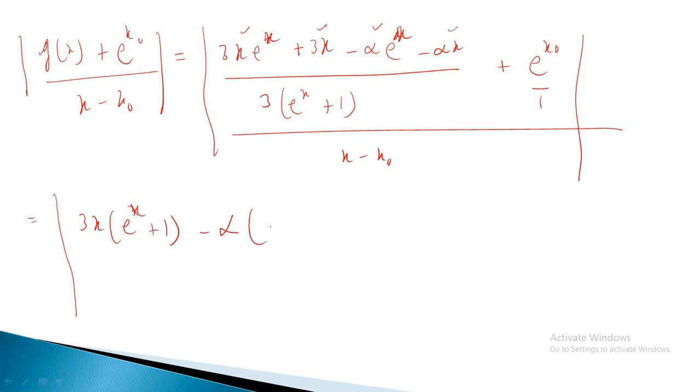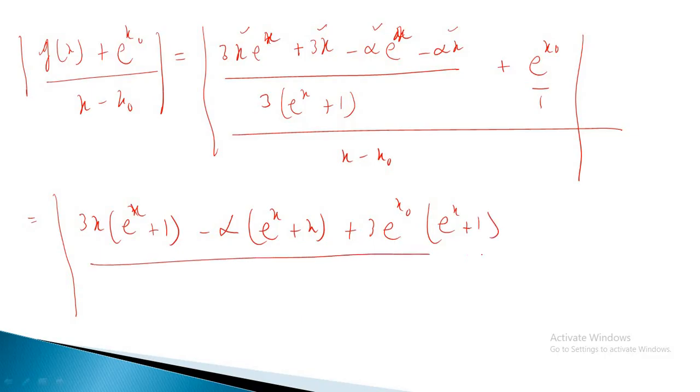We get e raised to x plus x, then multiplying 3 times e raised to x plus 1 with e raised to x naught, we get plus 3 e raised to x naught, divided by x minus x naught, times 3 times e raised to x plus 1.